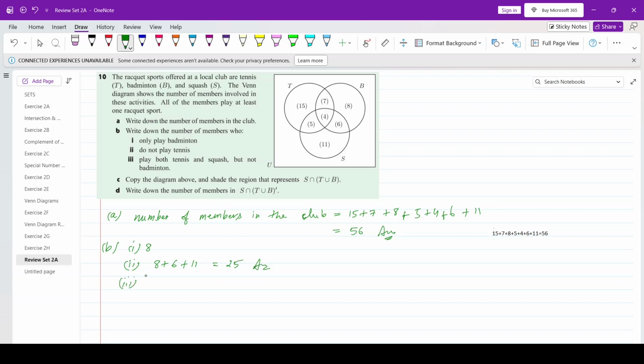And part 3 says play both tennis and squash but not badminton. So playing tennis and squash is this region, but not badminton, so this part will be out. So the answer is 5 only.